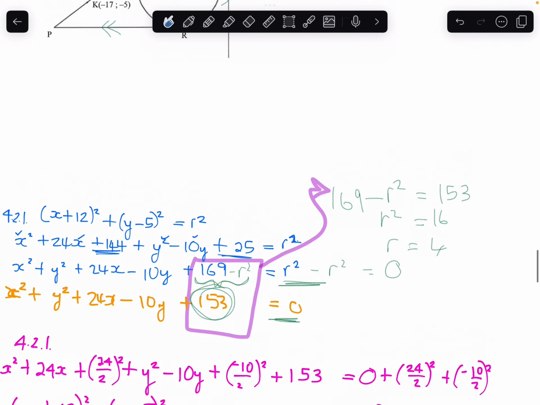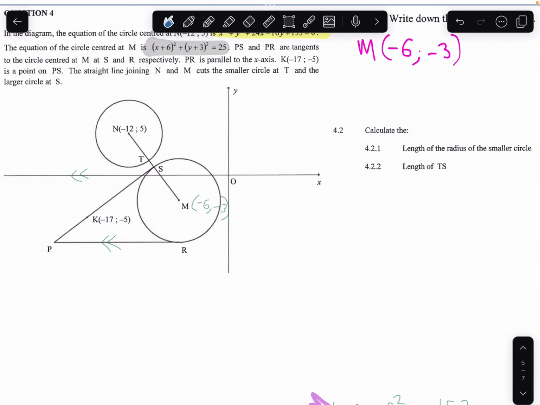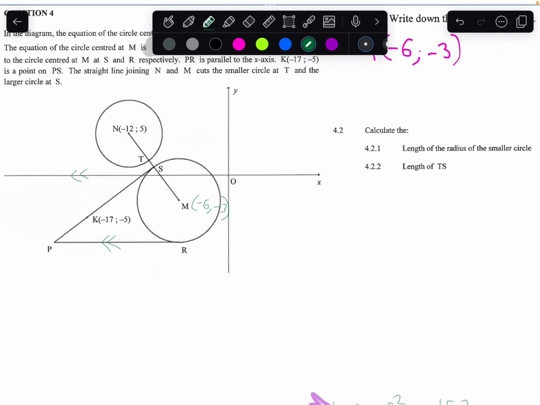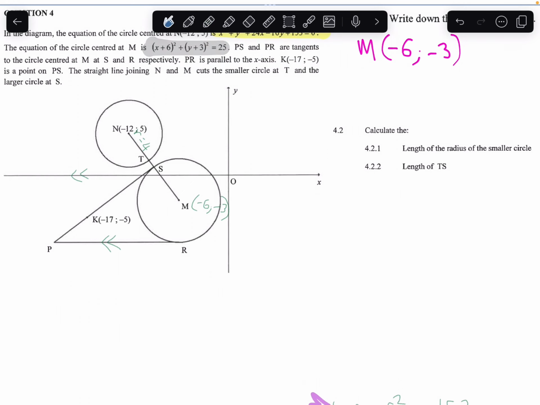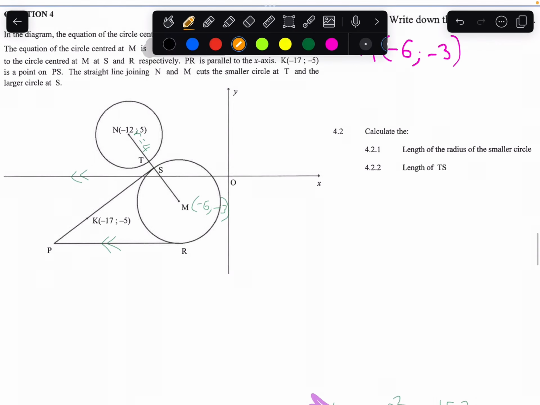Okay, anyway. Right, so we now know that the radius of this circle is 4. Next question. Write down the length of TS. So this little bit over here between the circles. So that's pretty cool.